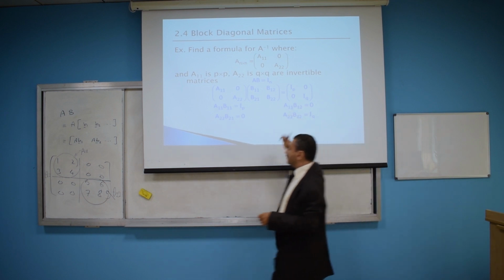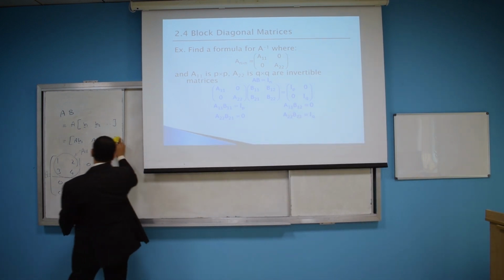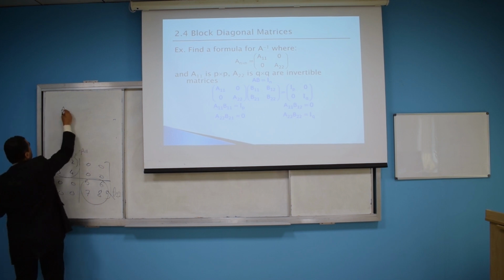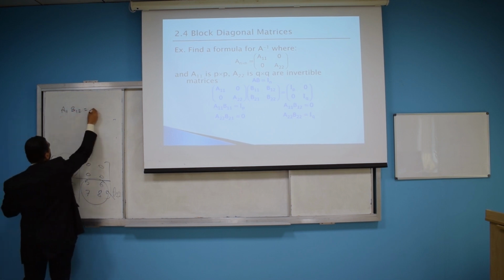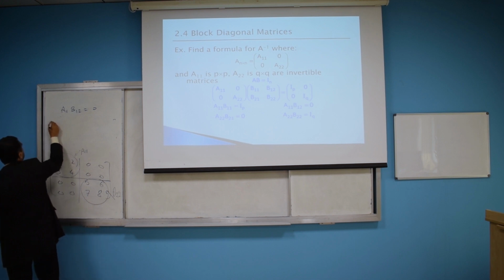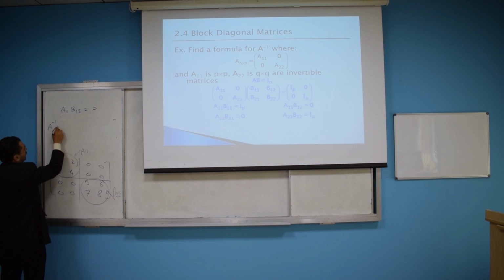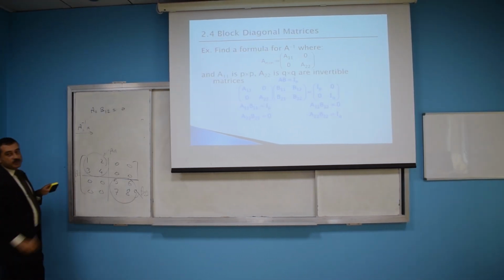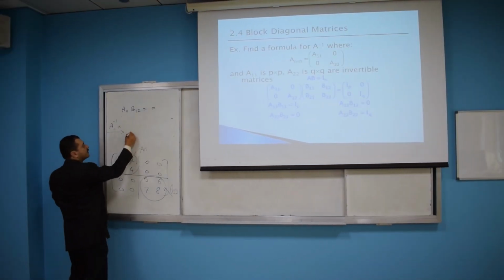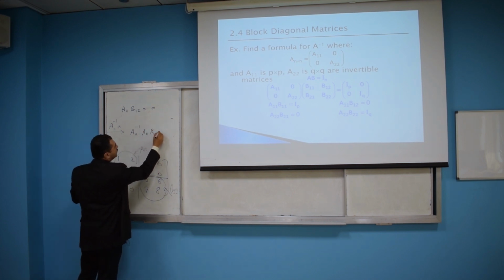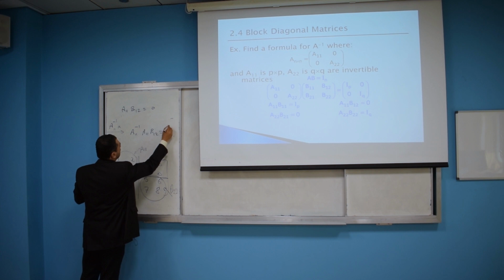because A11 is invertible. We have actually A11, B12 equal to 0, and A11 inverse exists. Right? So you can multiply from left to both sides by the inverse, so we'll get inverse of A11, A11, B12 equal inverse of A11 times 0, which is 0.